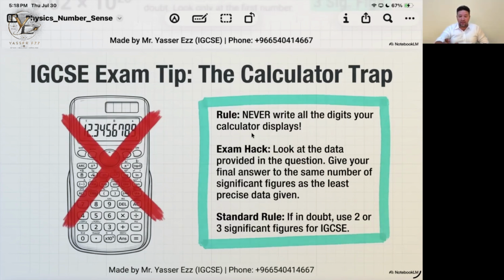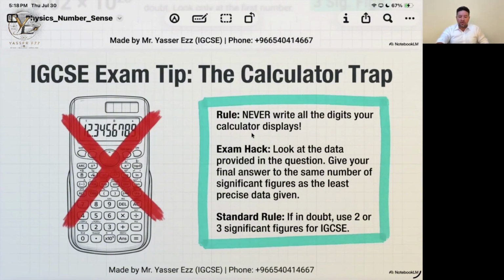I'm going to check the raw data given in the problem. If the raw data given in the problem is within two significant figures, the answer must be within two significant figures. If it is within three significant figures, the answer must be within three significant figures. If it is mixed, like one number within two significant figures and the other within three, and we learned how to differentiate between the significant figures and the number of significant figures in any number, we are going to take the least number of significant figures.